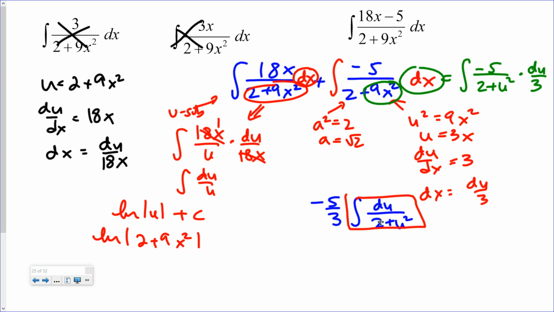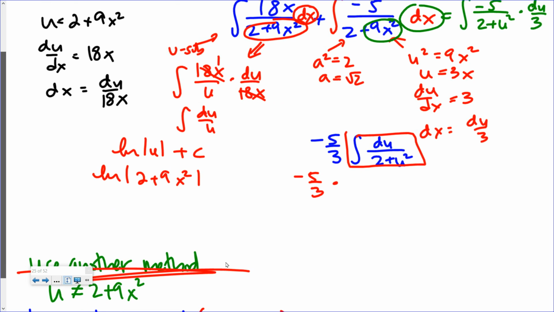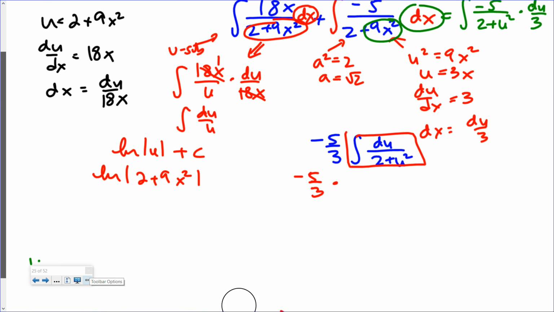So that means that the integral of this is actually negative 5/3 times, what does my pink sheet say the answer is for the integral of this form? The answer is arctan: 1 over a arctangent u over a plus c.